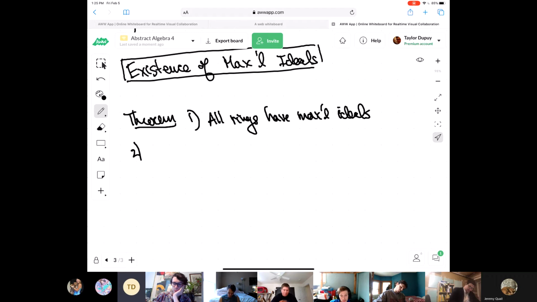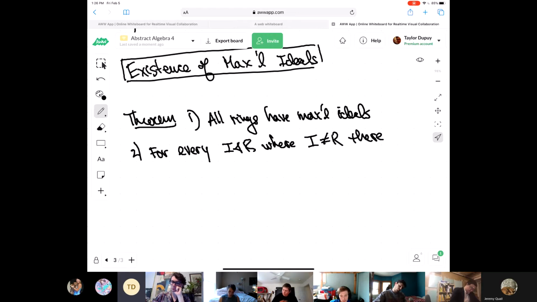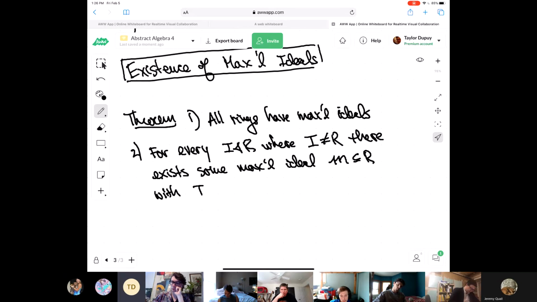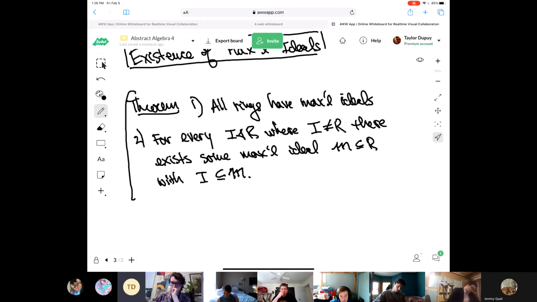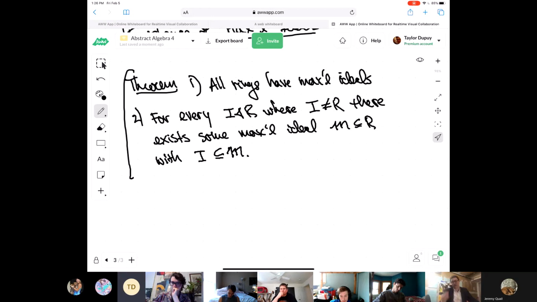Two, for every ideal I that's not the whole ring, where R is a ring and I is not equal to R, there exists some maximal ideal M in R with I contained in M. So in particular, every non-unit element is contained in some maximal ideal. That's useful.